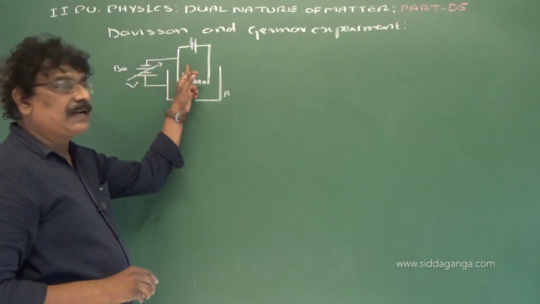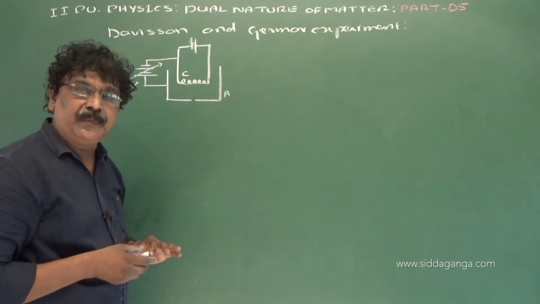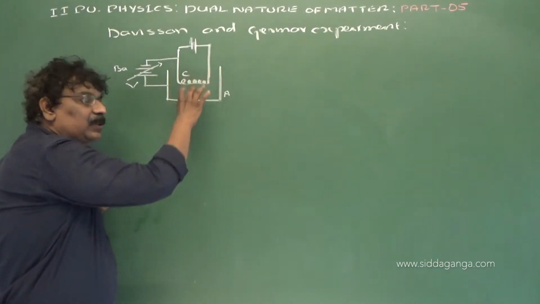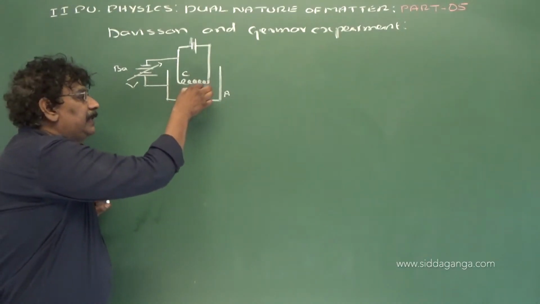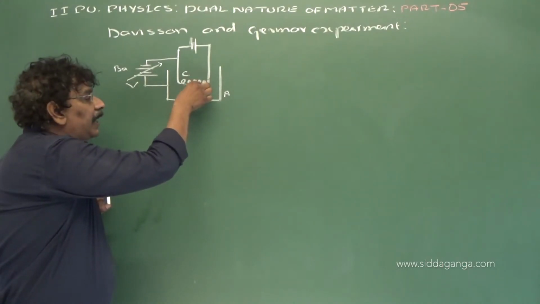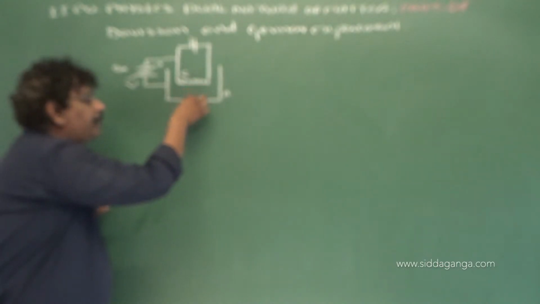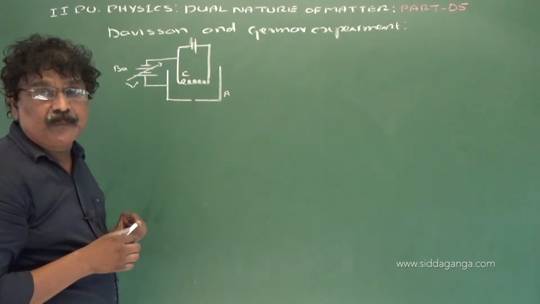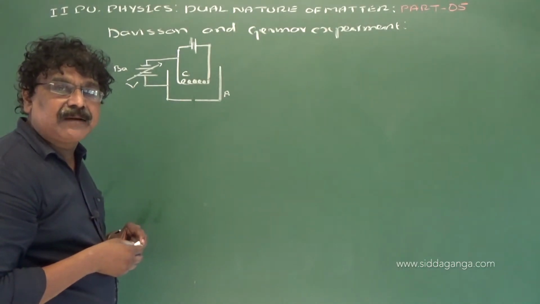The negative terminal is connected to the cathode and the positive terminal to the anode, so the electrons emitted from the cathode are attracted towards the anode and a fine beam of electrons is emitted out of this hole. And the theoretical value of this wavelength can be calculated: lambda is equal to 12.27 angstrom divided by square root of V.